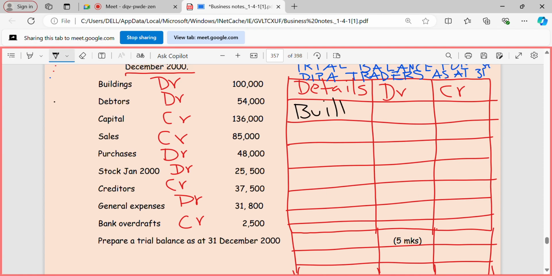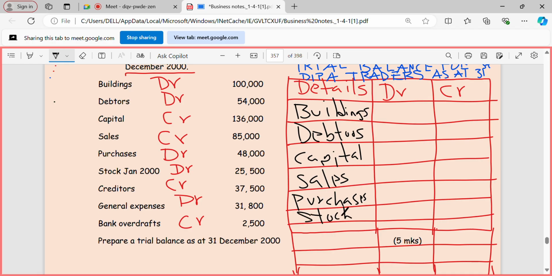So I need 9 spaces, plus one for writing the total, so we need 10 of them. You make it neat and presentable. So let's write them there.